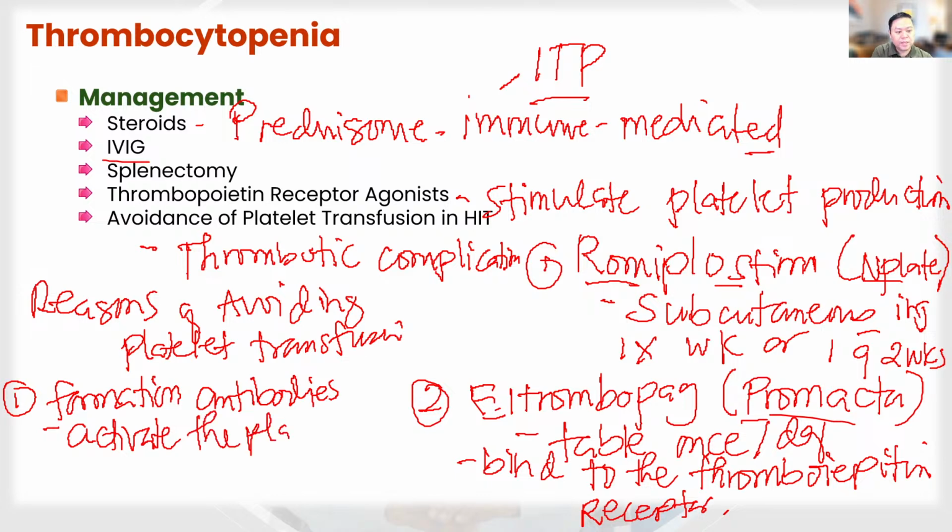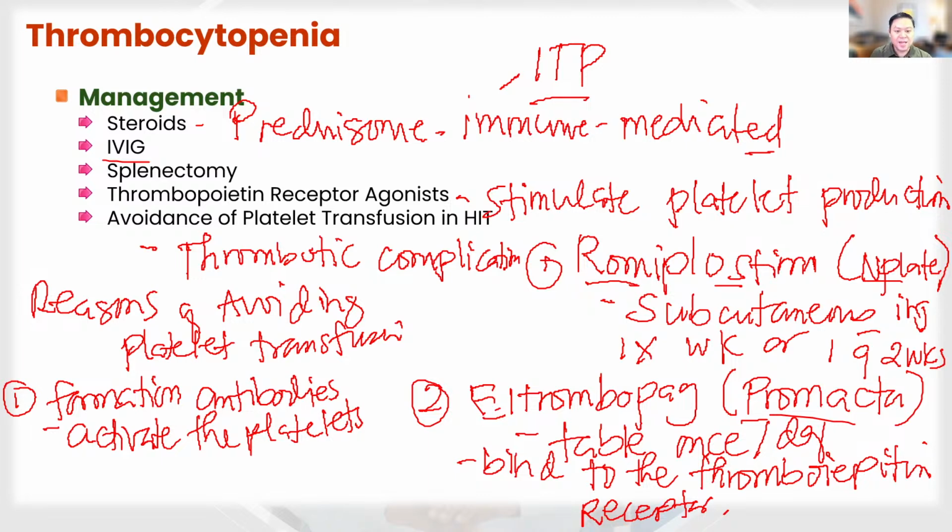And when this happens, this can lead to increased thrombotic risk. Instead of bleeding, they're going to have thrombosis. Now, if we transfuse the patient with platelets, then this can exacerbate the thrombotic risk. We don't want that, guys.